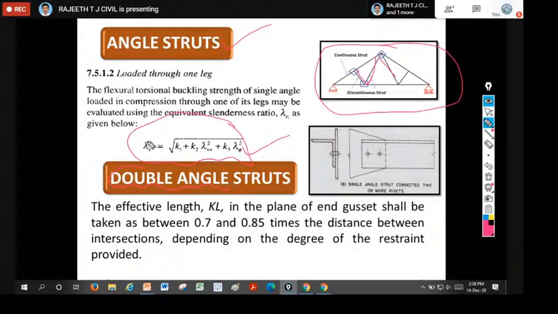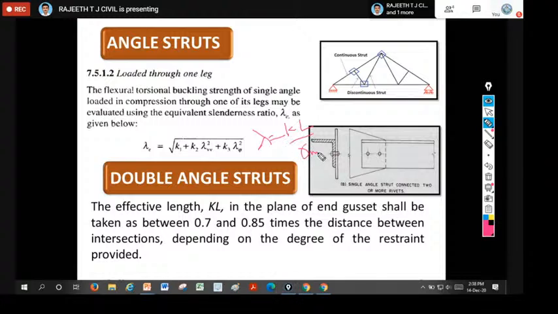Similar to the compression member design of other members, you should take the effective length here. What is lambda? Lambda is equal to the effective length KL by r minimum. What is r minimum? It is the square root of the moment of inertia divided by the corresponding area. If you want r in the x direction, you take Ixx by total area.